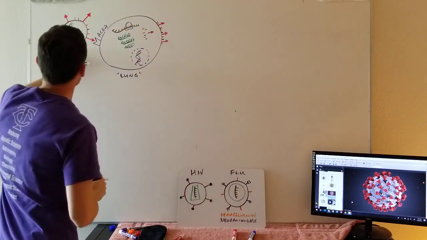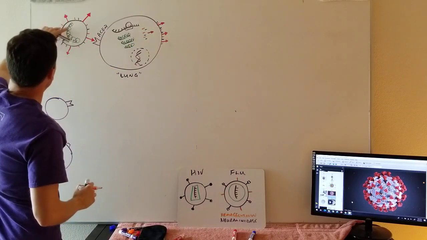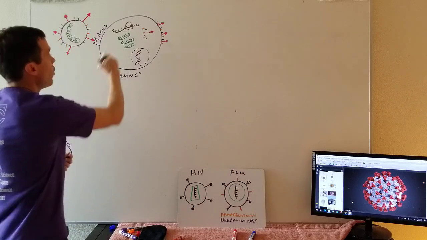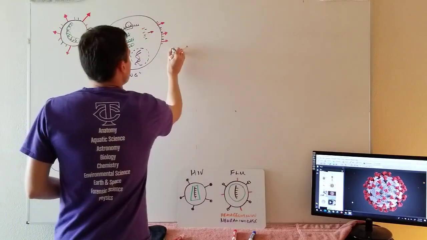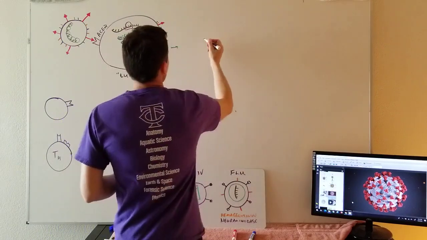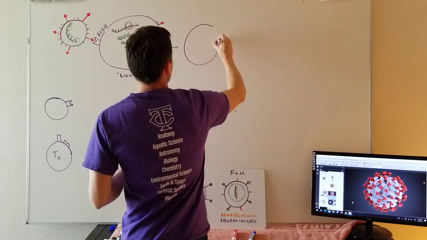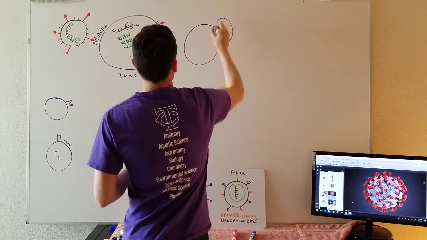To make this virus, we need orange, blue, red. We've got those. We need the RNA and we need the green proteins. So now all we do is we ship it out. So it's just like exocytosis from the second or third unit of study that we had. Now my cell looks like this.